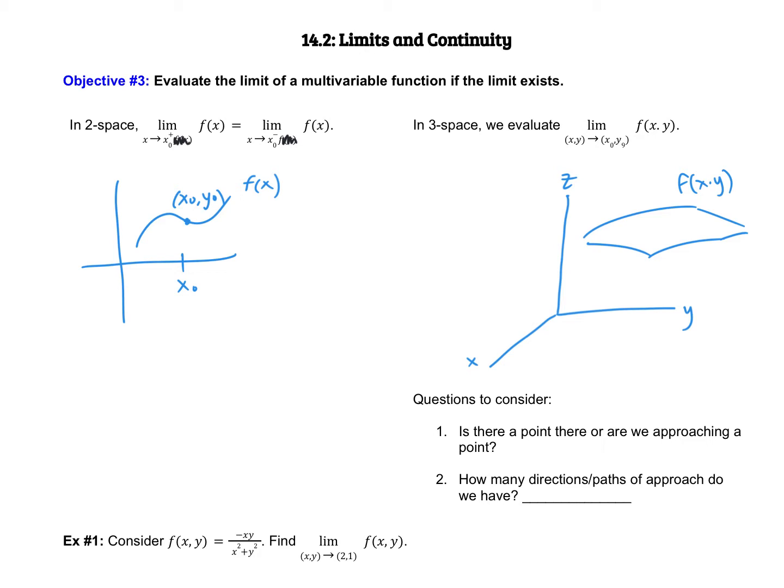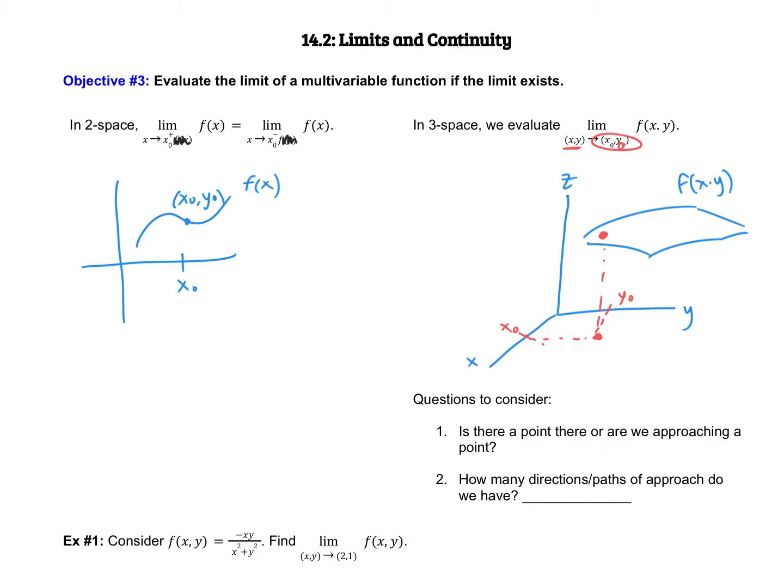And what we're going to be looking for, as you can see in our notation, is the limit as a point approaches some value. That's actually a 0, not a 9. So our x naught, y naught, let's say this is x naught, this is y naught. Then our point ends up being here. And then what we end up doing is finding that point on our function.